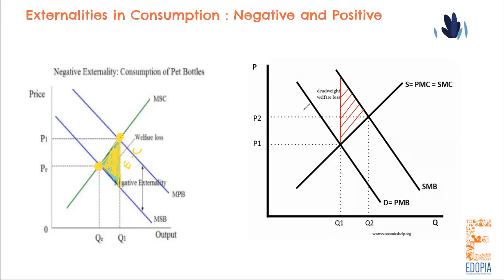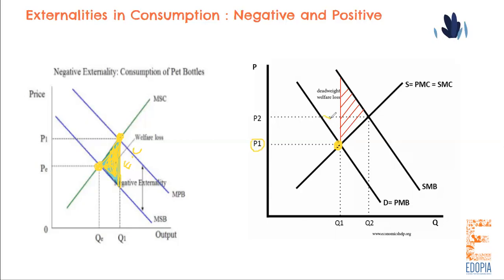Whereas if we move towards the positive externality in consumption, we see that there is a merit good which brings benefits to the consumer that is being under-consumed. Under-consumed means under-demanded. So if our marginal social benefit is this curve, we are consuming below that particular curve. So under the free market forces, our consumption is at this point where our quantity consumed is Q1 and the price is P1.